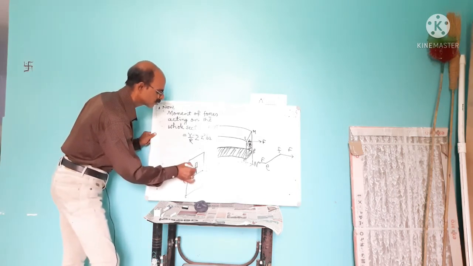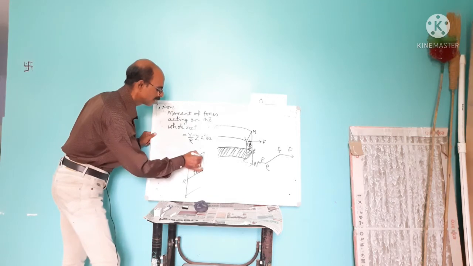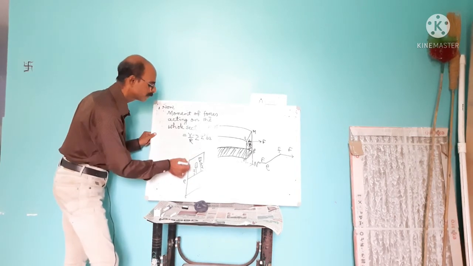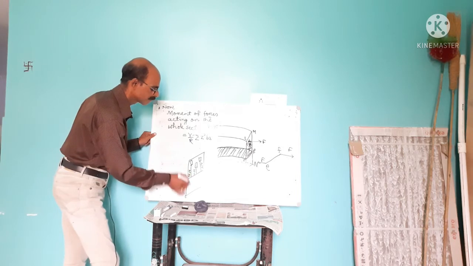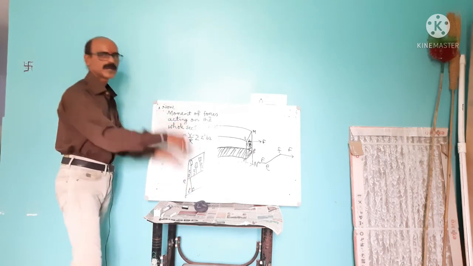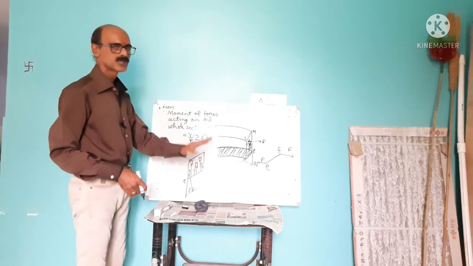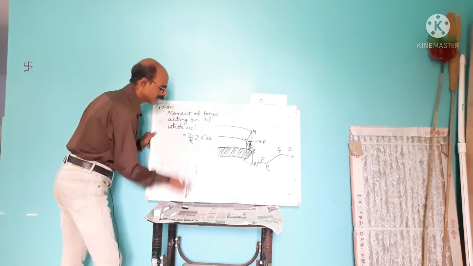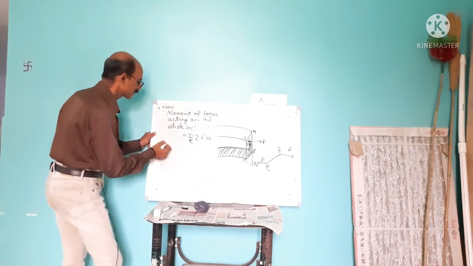Suppose this small area is at a distance Z1, another small area is at distance Z2 from EF, this is at distance Z3, this is at a distance Z4. Like this, we have divided it into, suppose, n small areas.